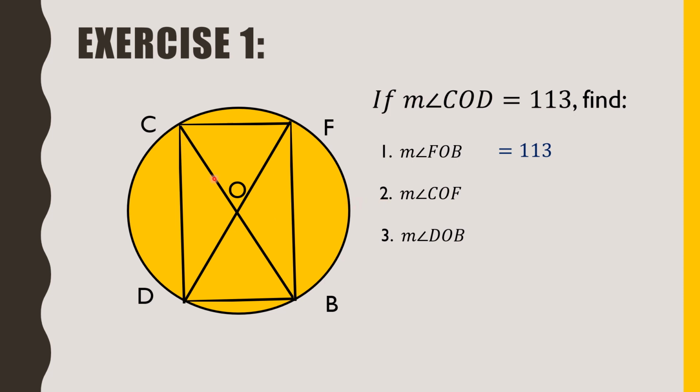Since COF forms a linear pair with COD, it means that they are supplementary. So, the measure of angle COF is 67. What is the measure of angle DOB? Since COF and DOB are vertical angles, it means that the measure of angle DOB is also 67.